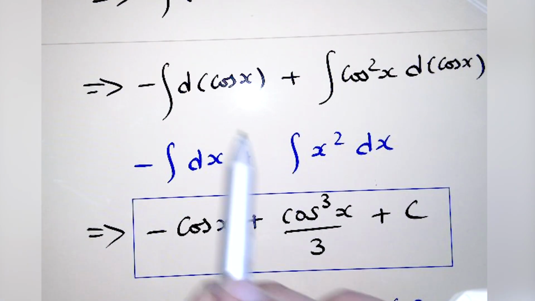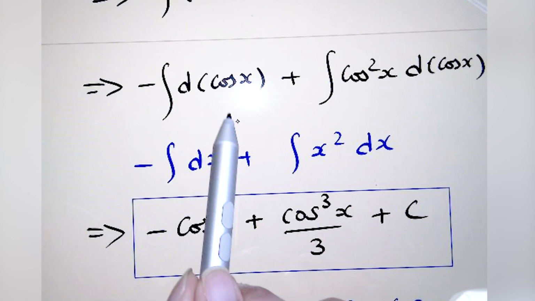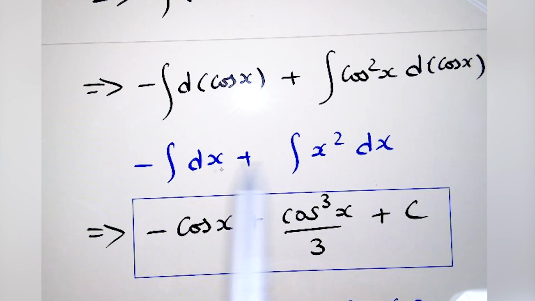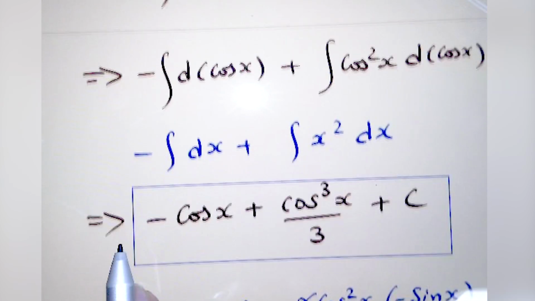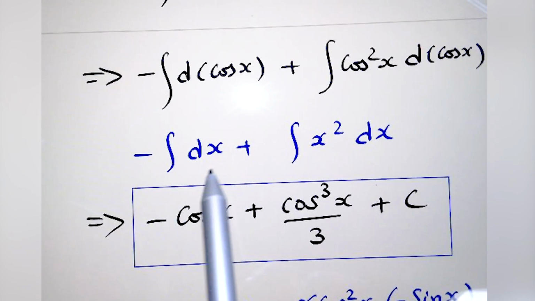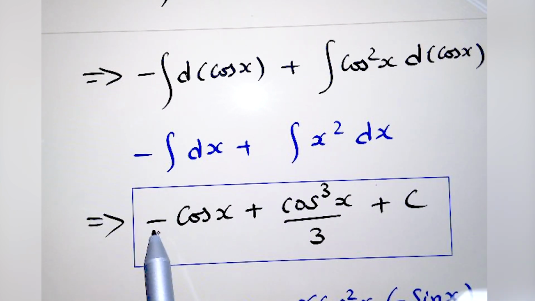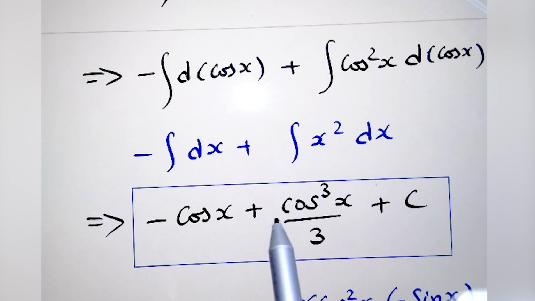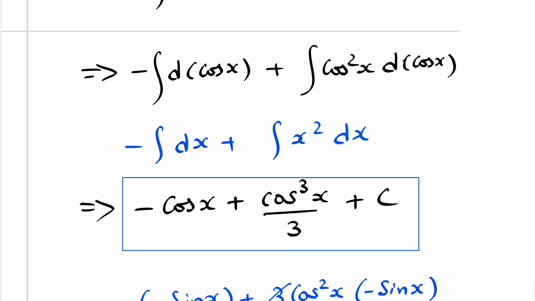And this is just looking like our integral dx and integral x squared dx. So we can apply our standard formulas, but we will just use cos x for x. So the final answer would be minus cos x plus cos cube x by 3 plus c, right?